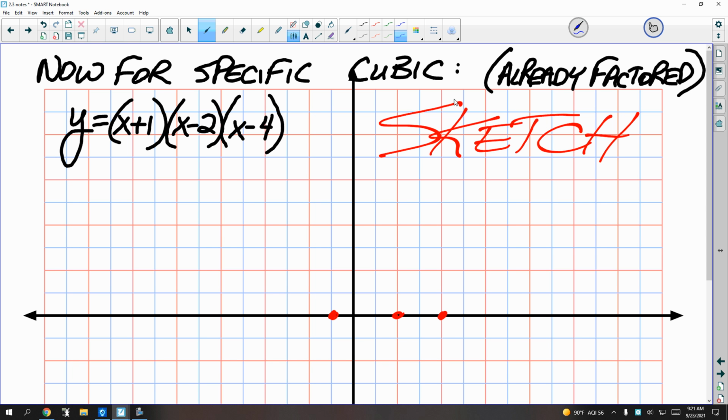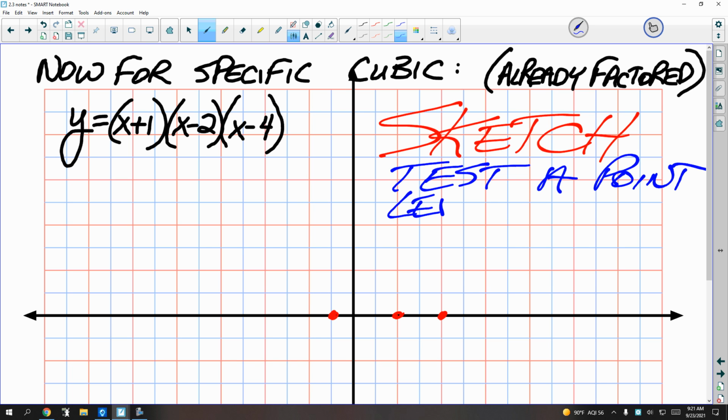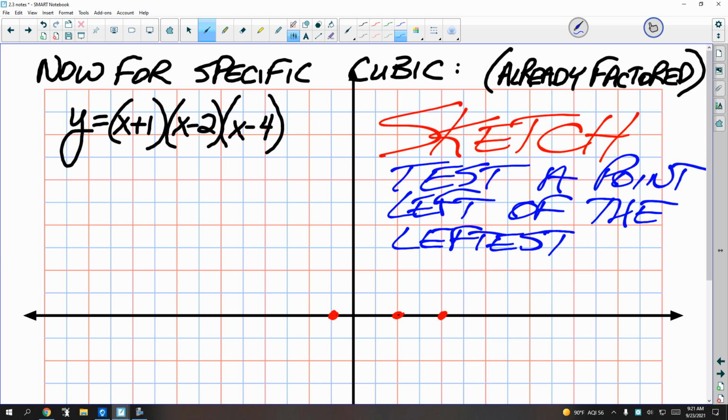I'm going to test a point left of the leftist, that's right, leftist point. I love that sentence. I'm going to test a point left of the leftist point.